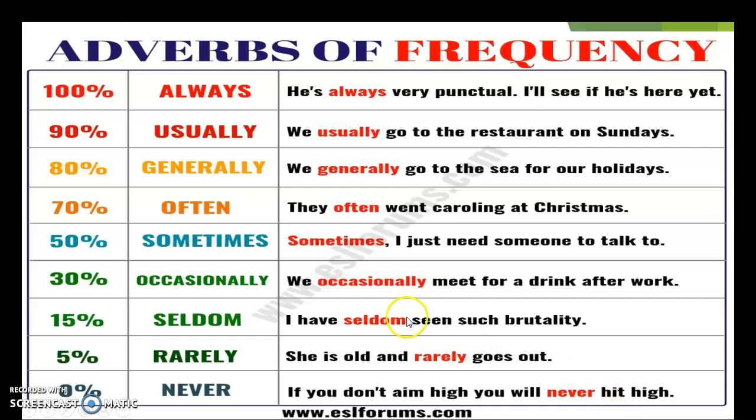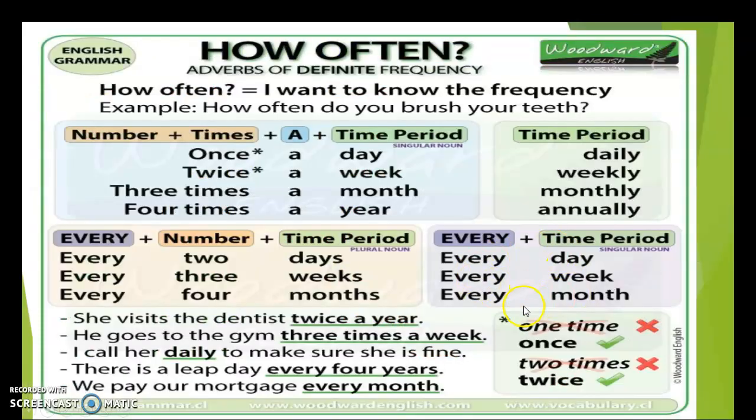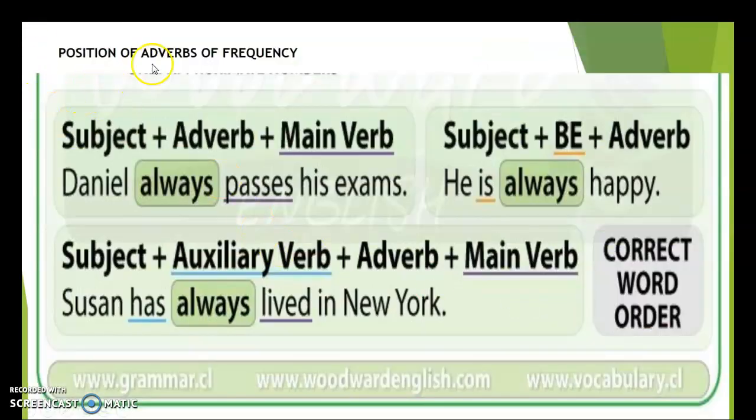So guys, something that I need to point out is that we can use sometimes and usually at the beginning of the sentence, okay? So we can change the position of usually and sometimes. But with other verbs, I need to use the adverb of frequency before the verb, like here.